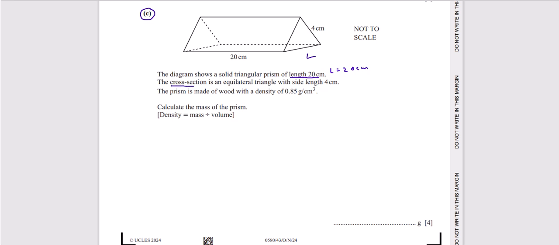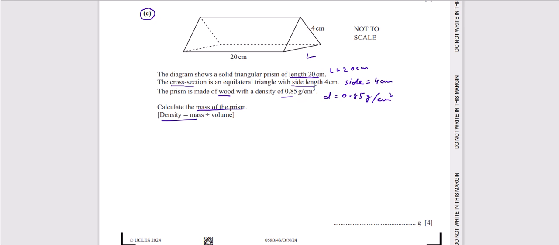Cross section is an equilateral triangle with side length 4 centimeter. The prism is made of wood having a density equal to 0.85 gram per centimeter cube. Calculate the mass of the prism.